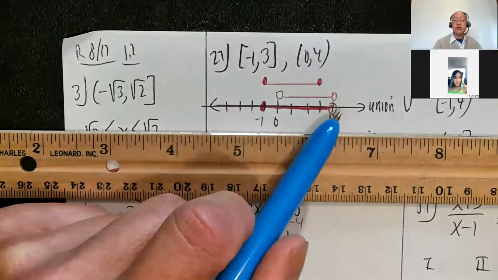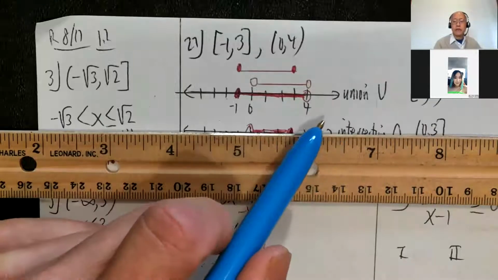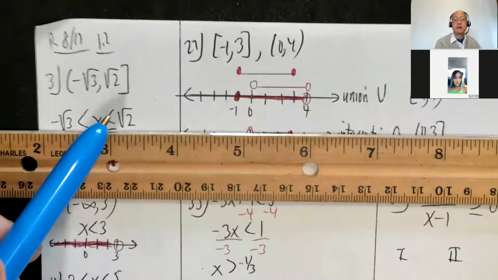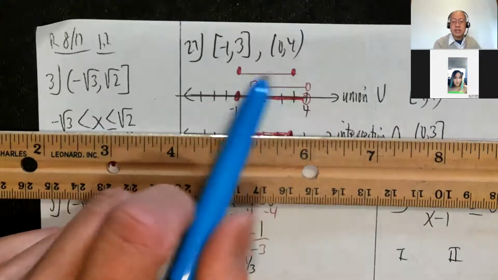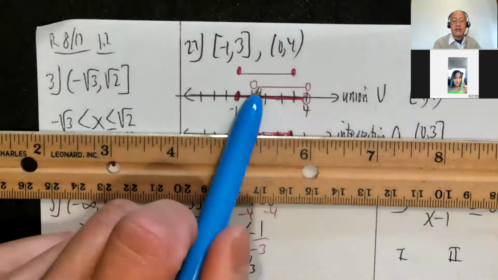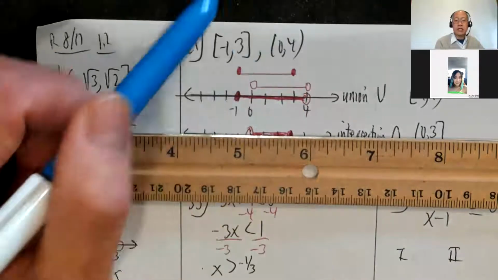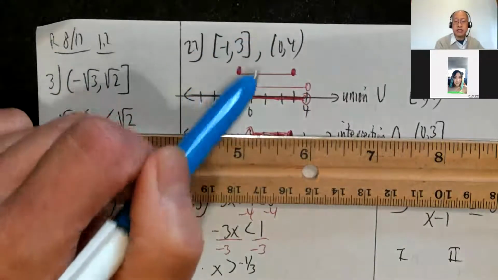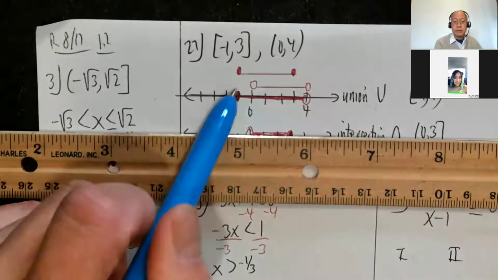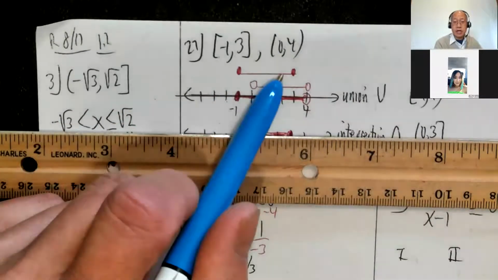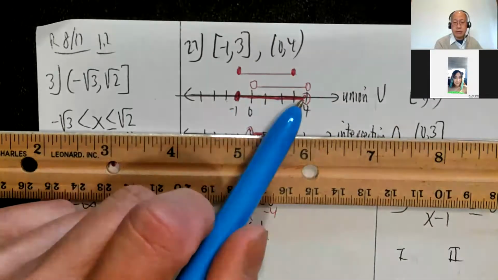Okay, now union. Union means everything here is in this final answer. Everything here is in the final answer. It's almost as if to say, if I were to shine a flashlight straight down, what would get covered? Everything here gets covered, and everything here gets covered.